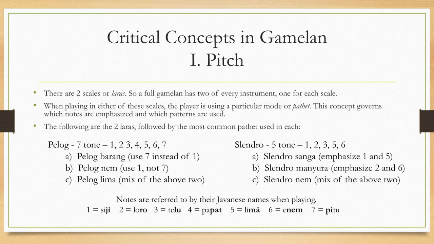So 1 is Sichi, 2 is Loro, 3 is Telu, 4 is Papat, 5 is Limo, 6 is Enam, 7 is Pitu.